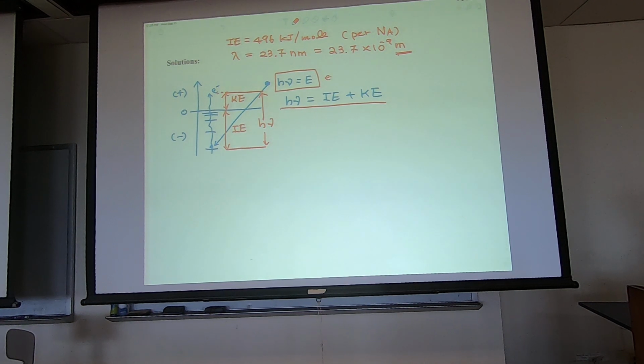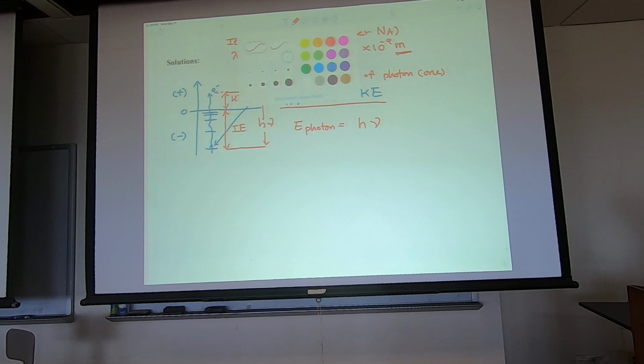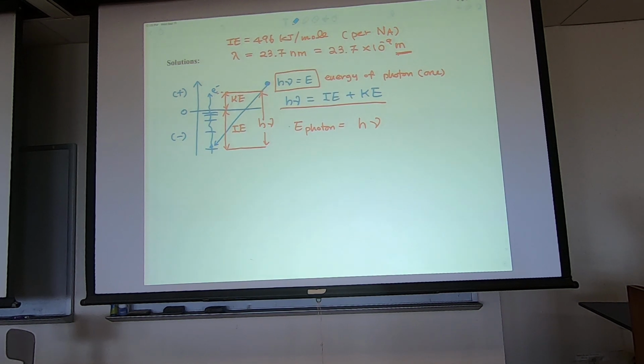This is an energy of a photon, one photon. So what I can say is the energy of a photon is h nu. And then let me write a variation of that equation in a different color.